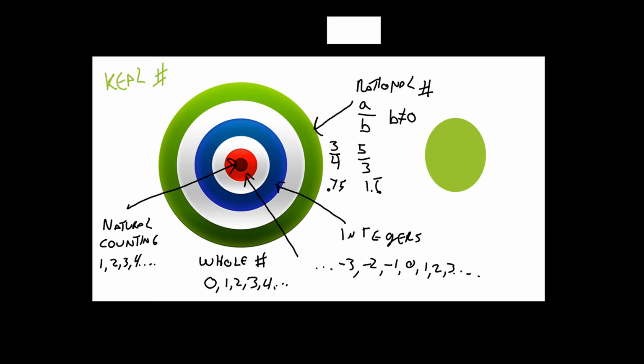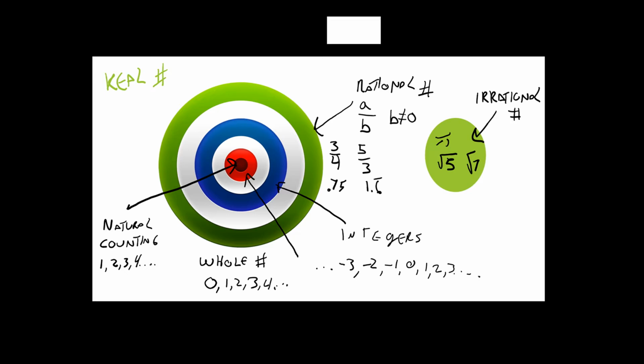Over to the side of rational numbers, we have our irrational numbers in this circle right here. The irrational numbers are numbers such as pi, square root of 5, square root of 7, because the square root of 5 does not exist as a perfect square.